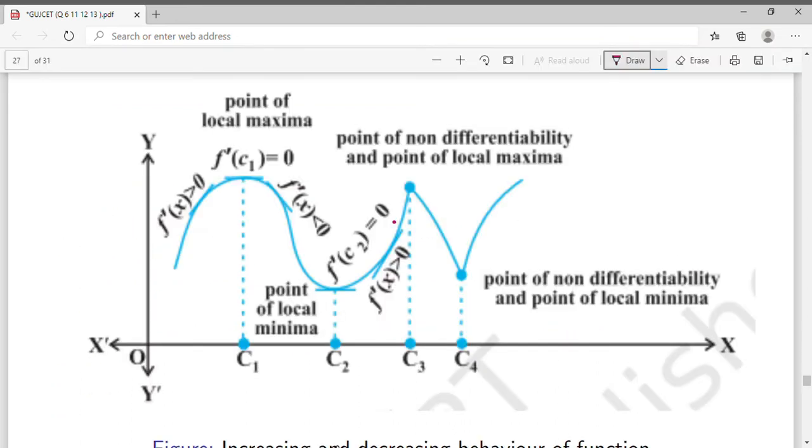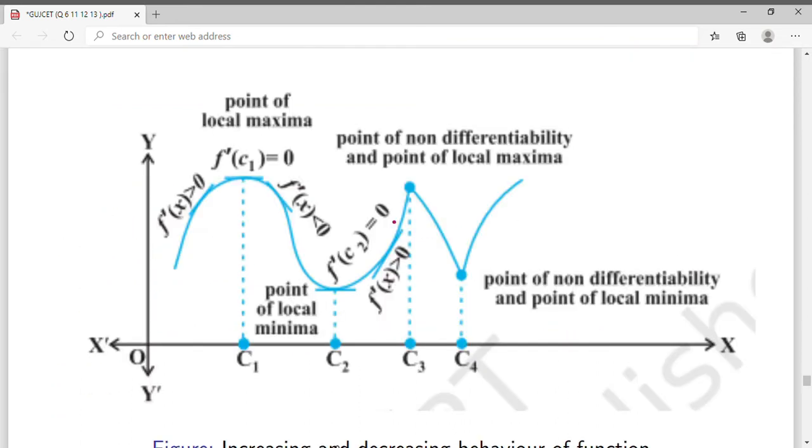Here we try to learn the concept of increasing and decreasing functions using a graph. In the graph, one function f(x) is given. This function is continuous in the given interval. Now, here points C1, C2, C3 and C4 are given. Observe that at point C1 we get a horizontal tangent.